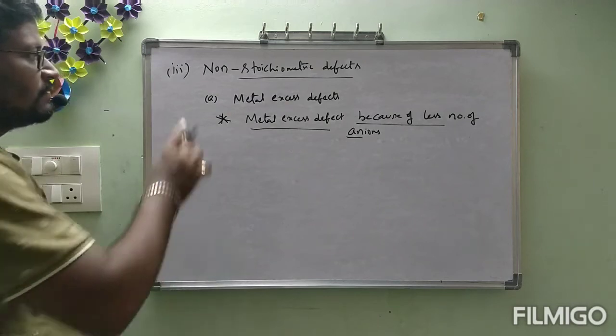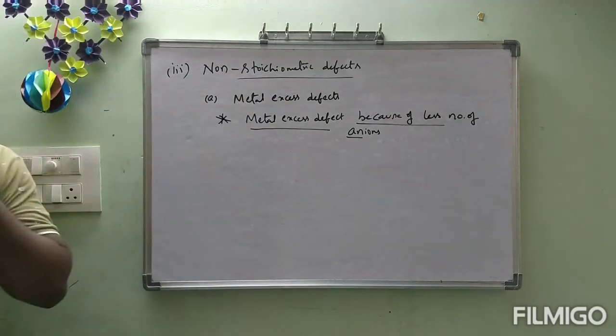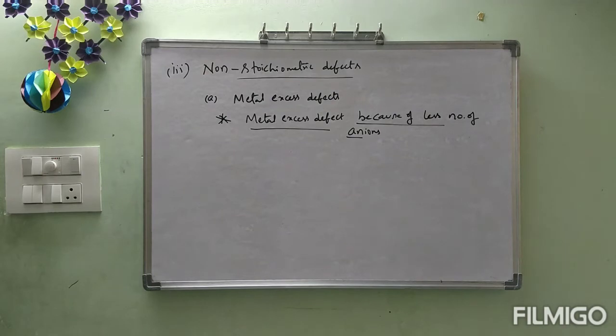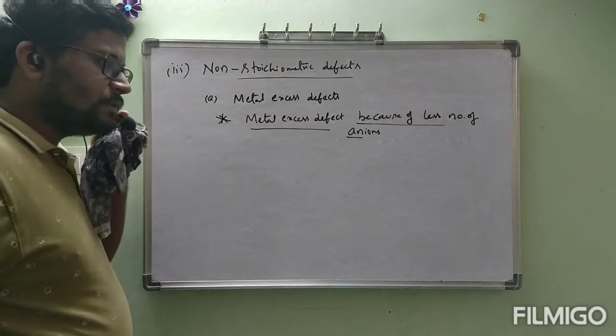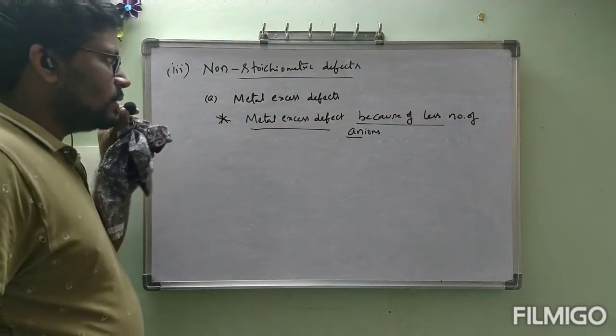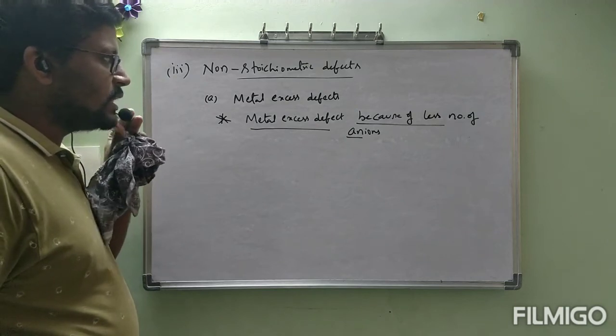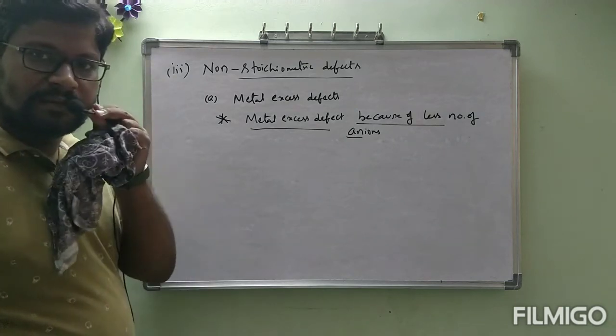Again I am going to give a small conclusion. Non-stoichiometric defects are of two types. What are those two types?